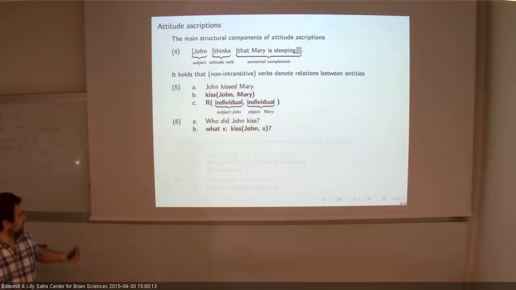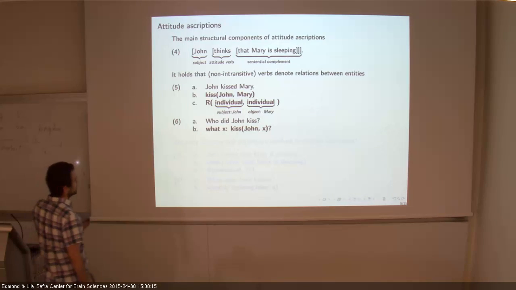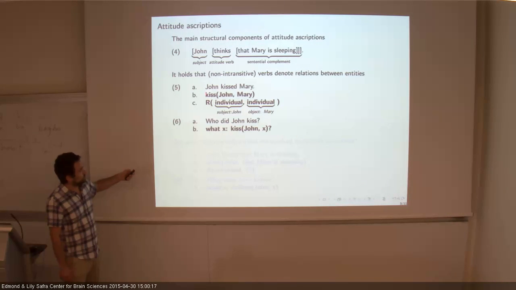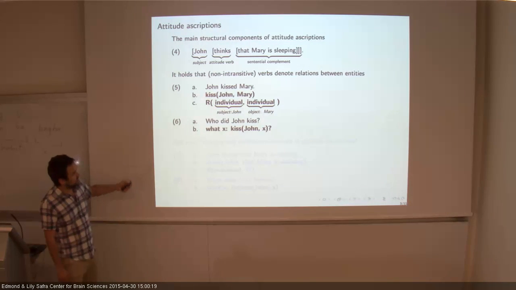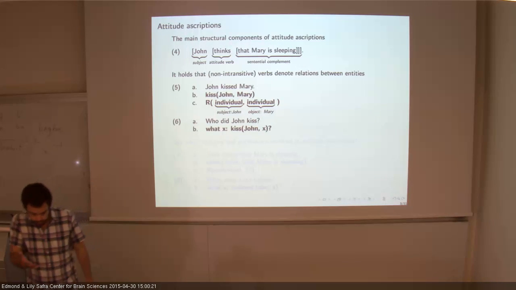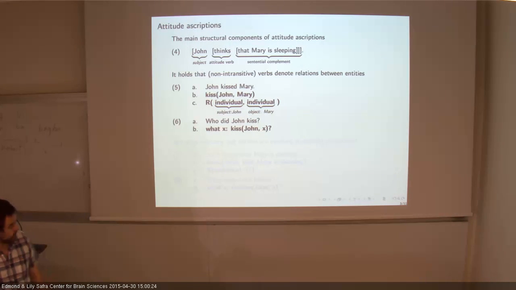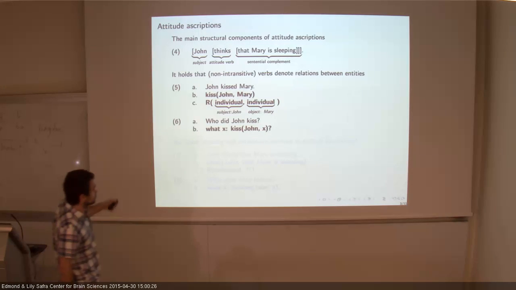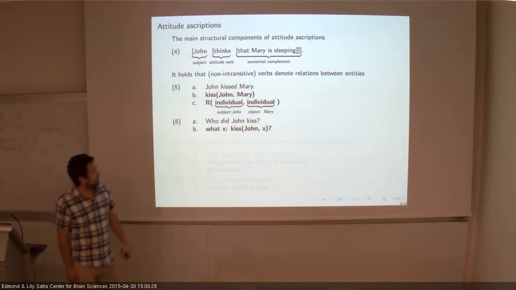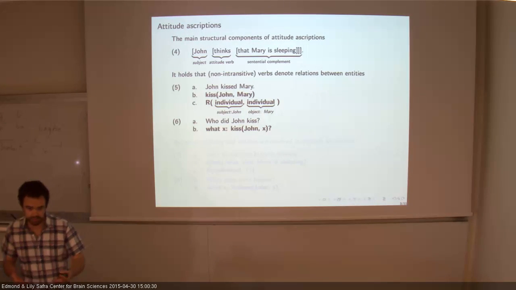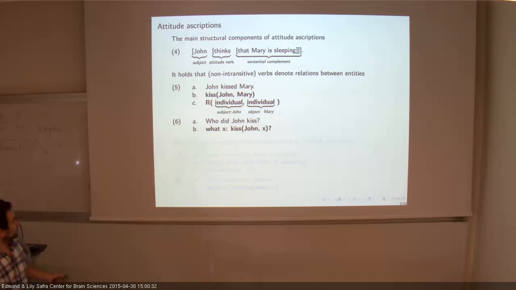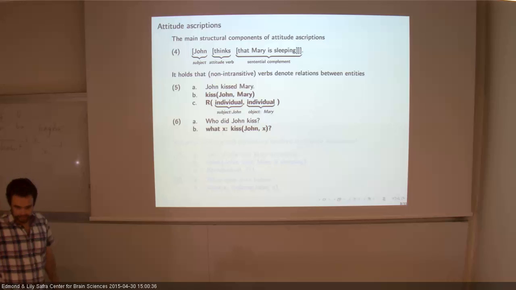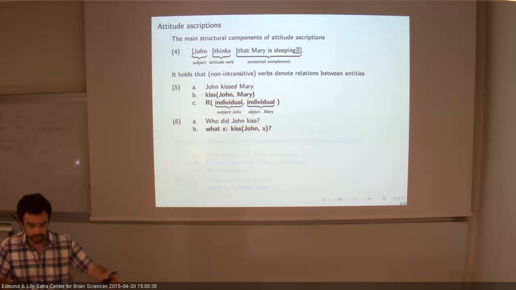So with the sentence John kissed Mary, we have in this sentence a predicate, a two-place predicate, a kissing predicate, which takes two individuals as its arguments, and then it does yield a certain meaning. So we have a relation, the kissing relation, about which we can say a lot, we can describe it.